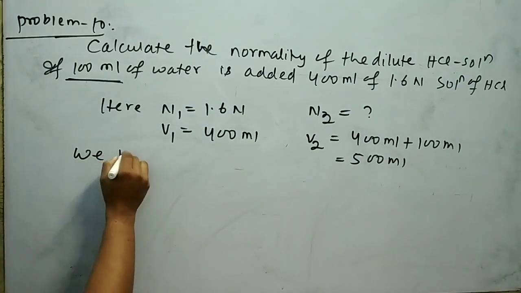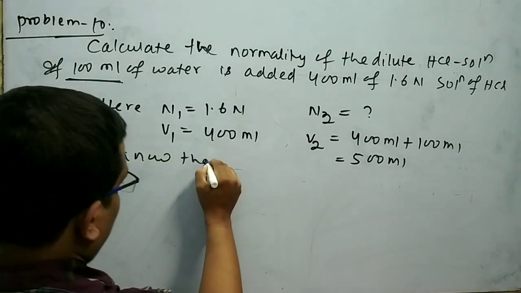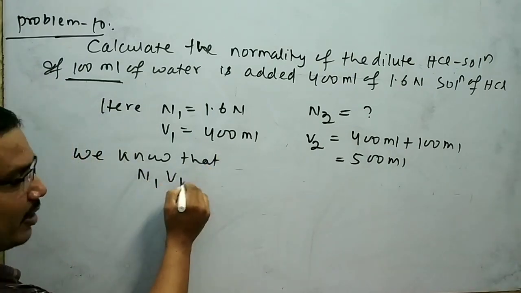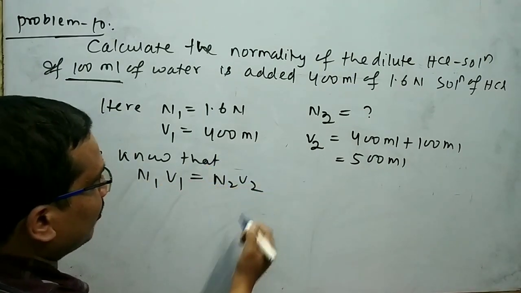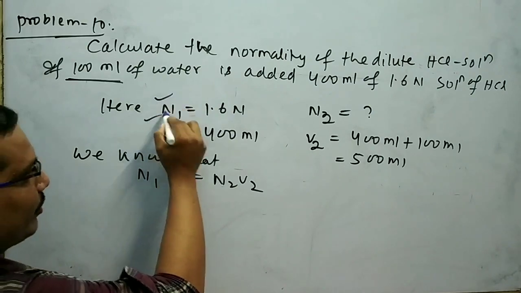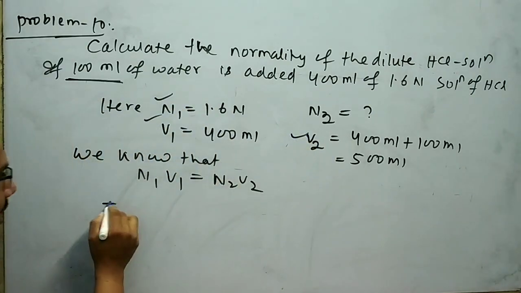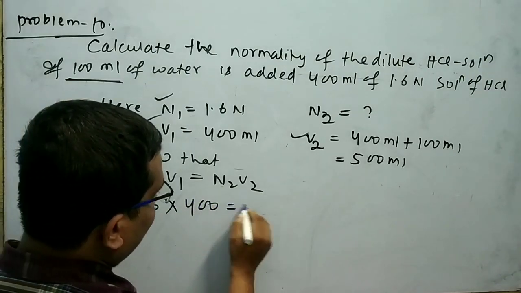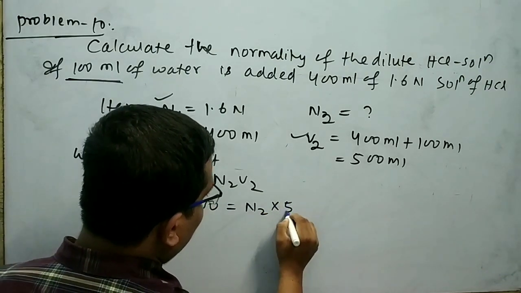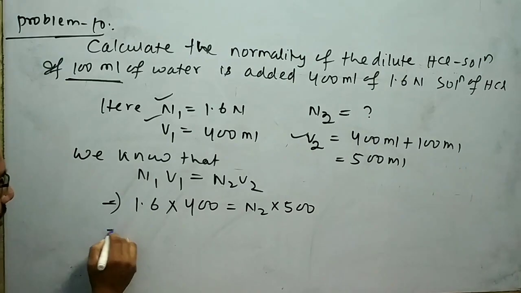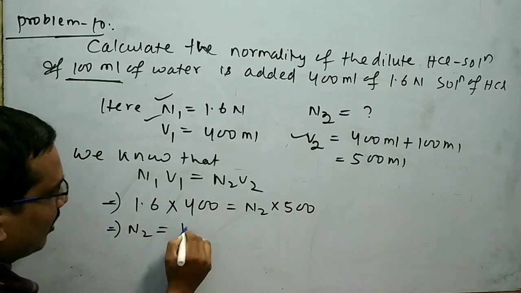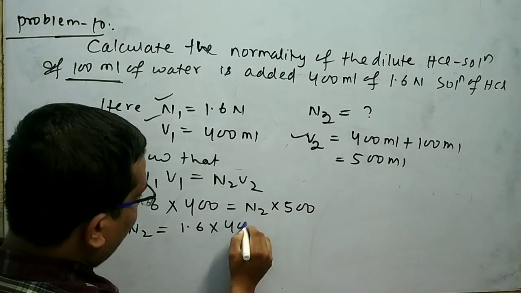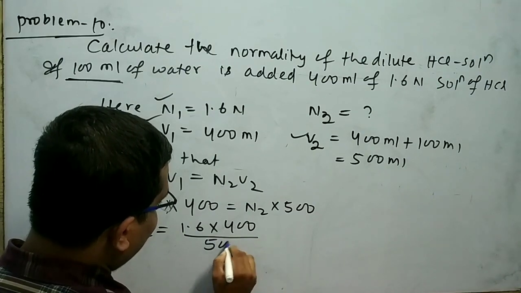Our aim to find out the N2. We know that N1 V1 equal to N2 V2. Put the value of N1 V1 V2 here. Then I can write 1.6 into 400 equal to N2 into 500. So I can write N2 equal to 1.6 into 400 divided by 500.